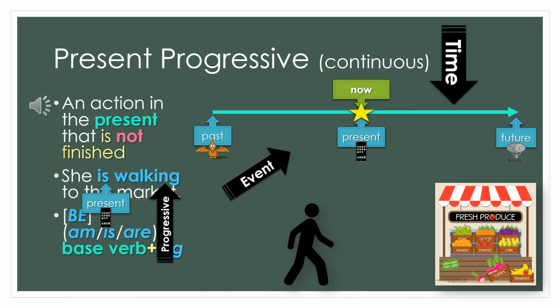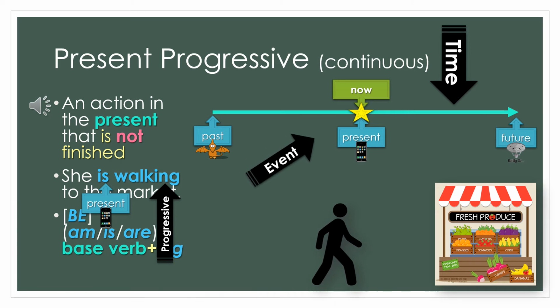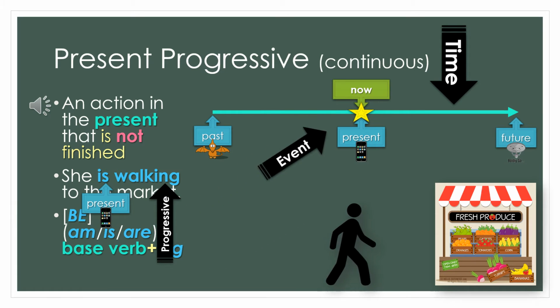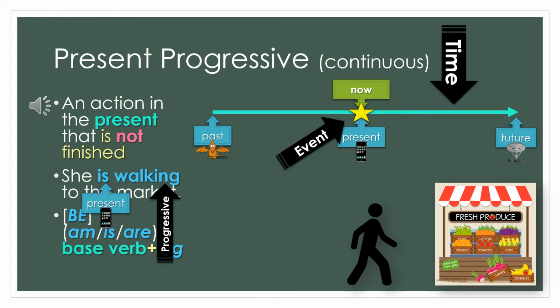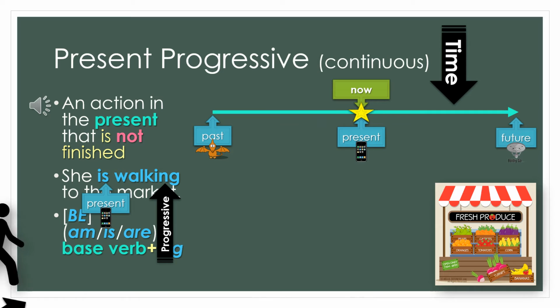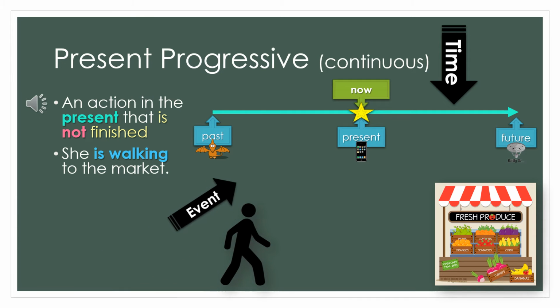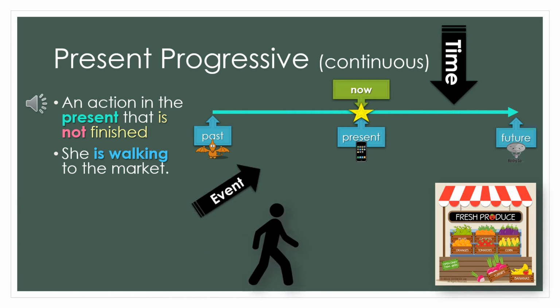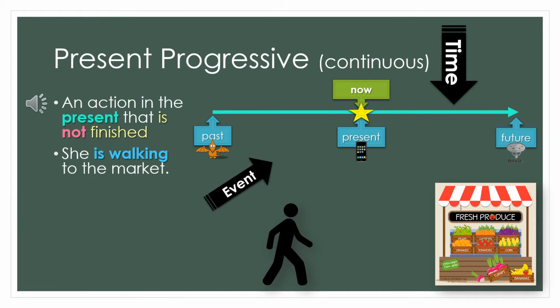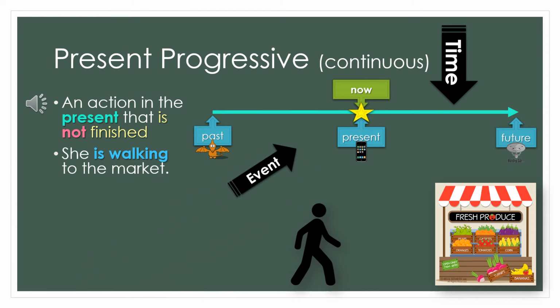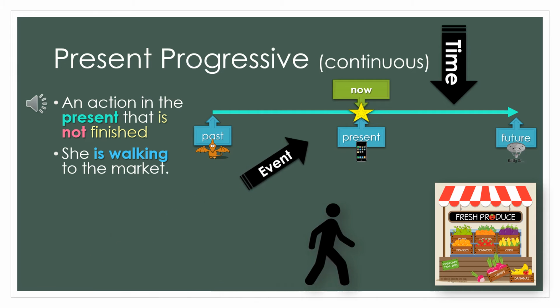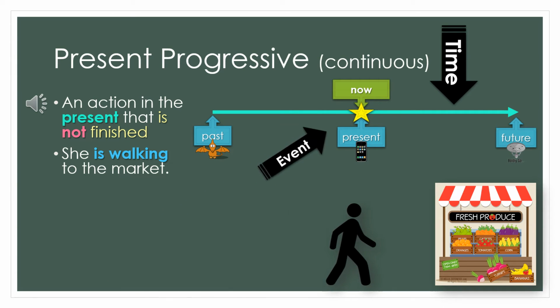She is walking. Is is the form of to be. Walk is the base form of the verb plus ing. Is walking. For example, she is walking to the market. Is is present tense. Walk, base form of the verb, ing, is walking.